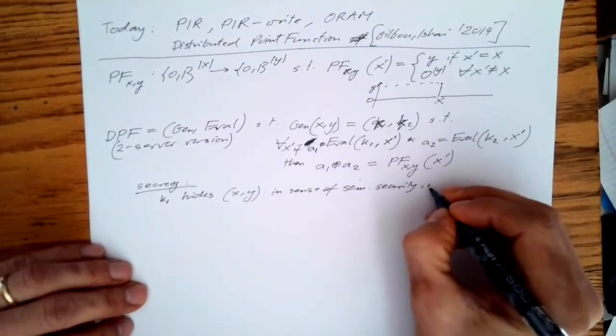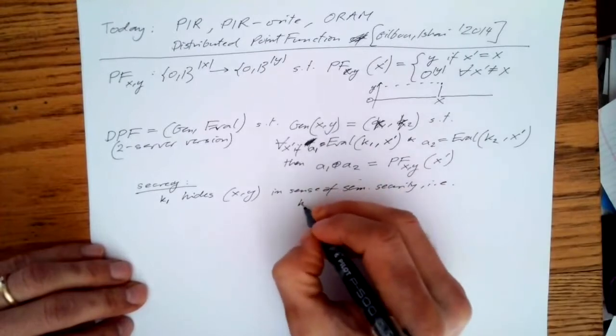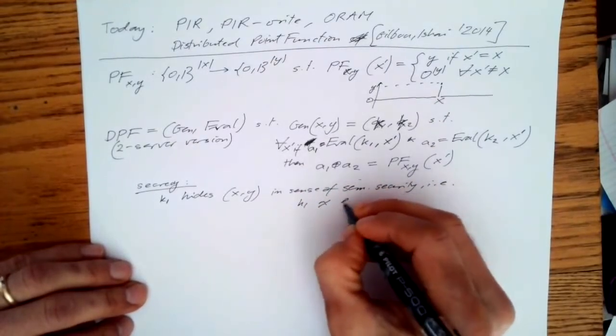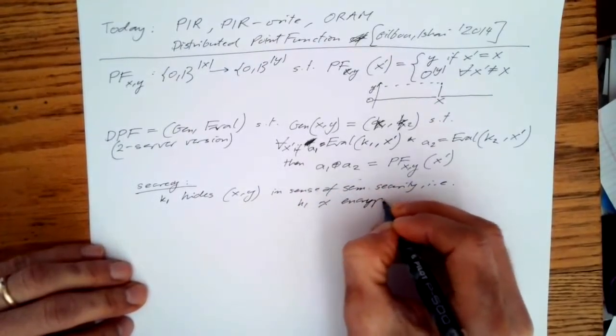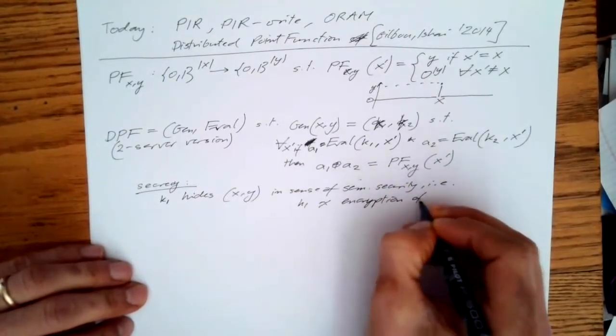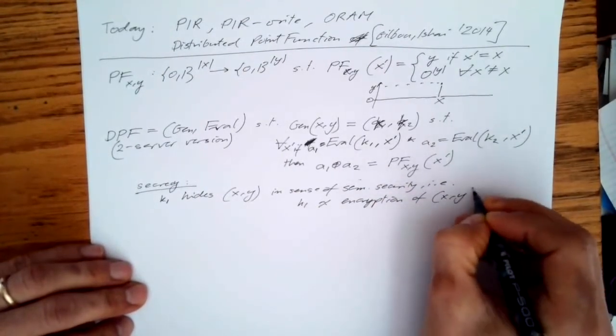In other words, K1 is like an encryption of XY.